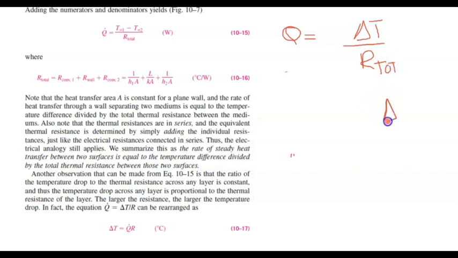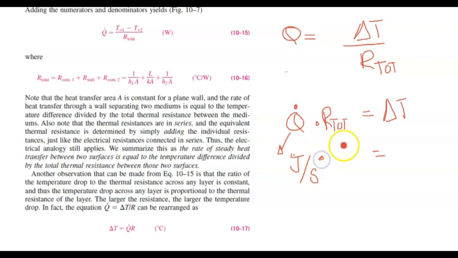If I need to find delta T, I can find the change in temperature as Q times R total, where R total is the resistance and Q is the rate of heat transfer. The unit for delta T is going to be centigrade. The unit for Q is joules per second, and that unit is watts. So we can actually work it out from here.